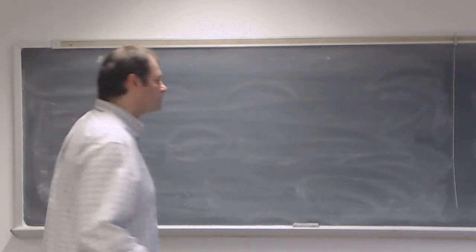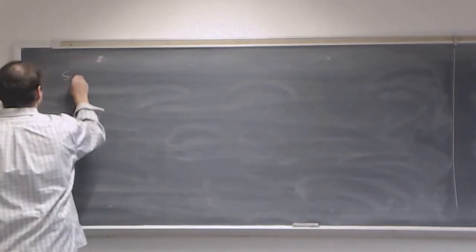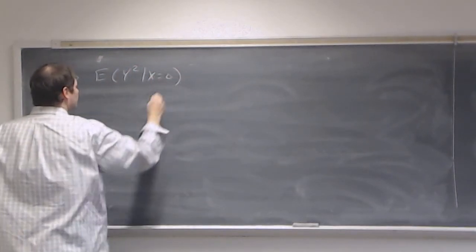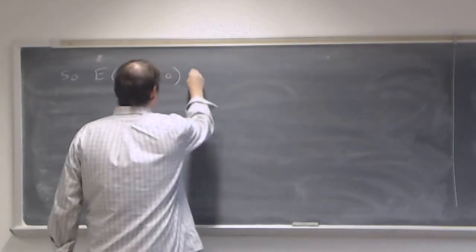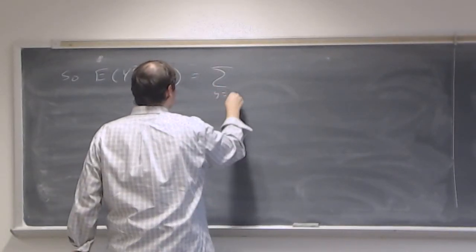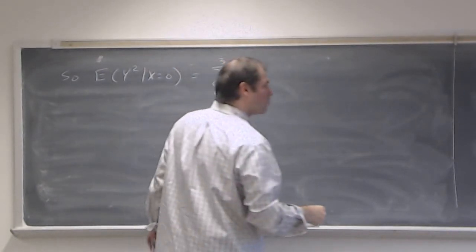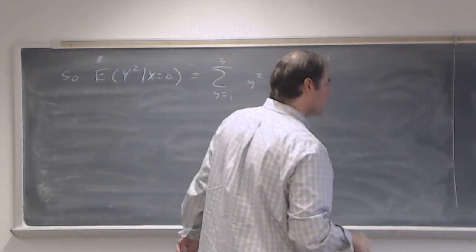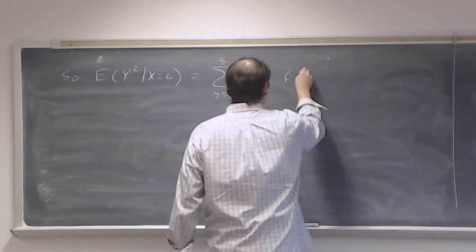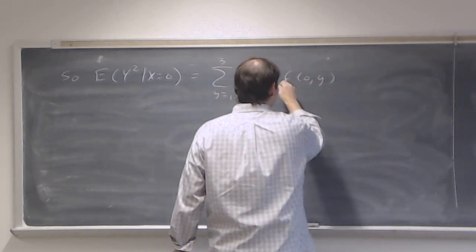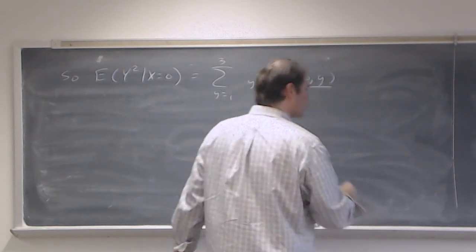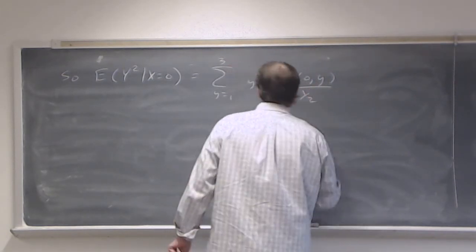Okay, so the conditional expectation of y squared given x equals 0 is equal to this sum as y runs from 1 to 3 of y squared times f of 0, y over f sub x of 0, which we found to be 1/2.